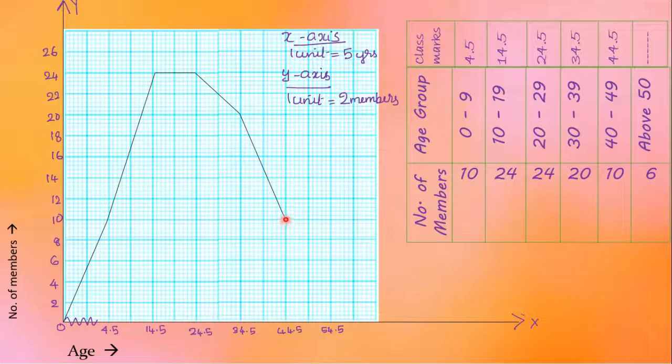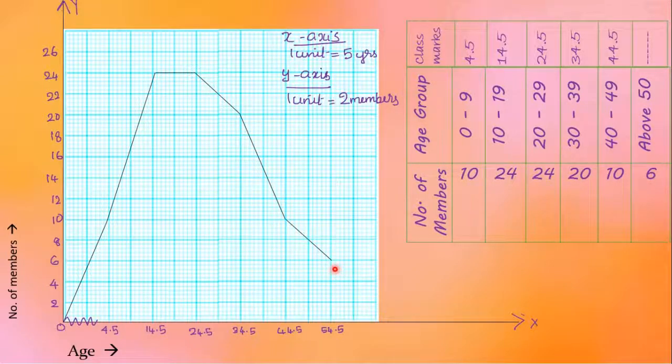It is 10. Then the last one is 6 and the corresponding class interval is above 50. What is the meaning? Above 50 there are 6 members. But roughly I am taking another point, 54.5, just to mark this 6 here in the graph.